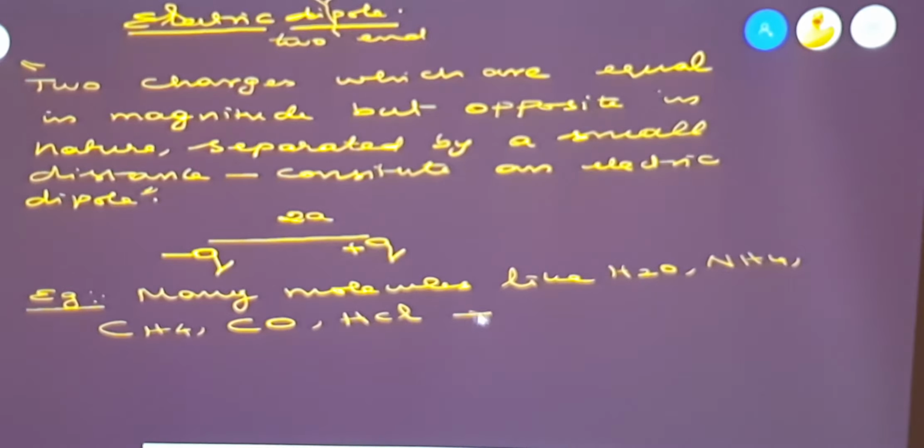All these molecules are examples for electrical dipole. Examples for permanent electrical dipole.